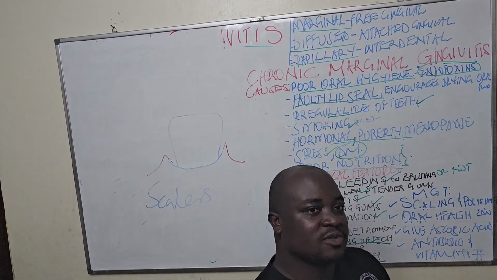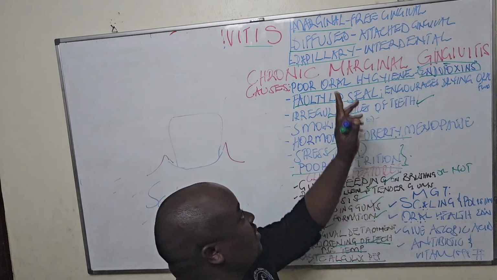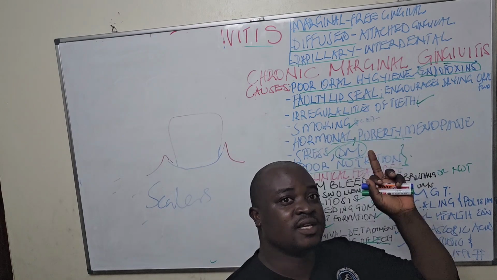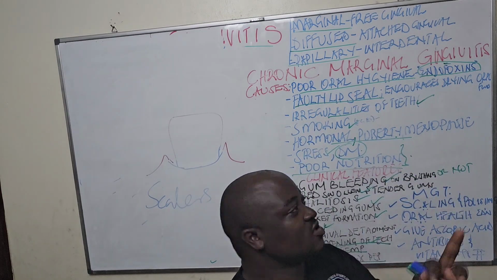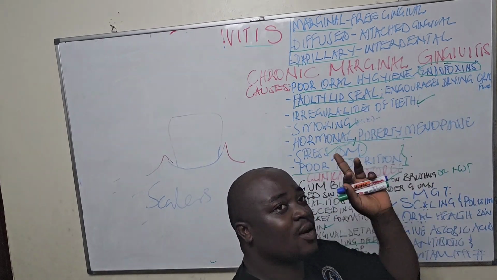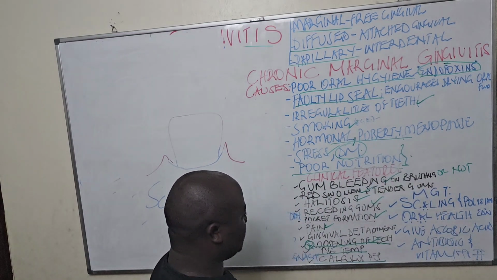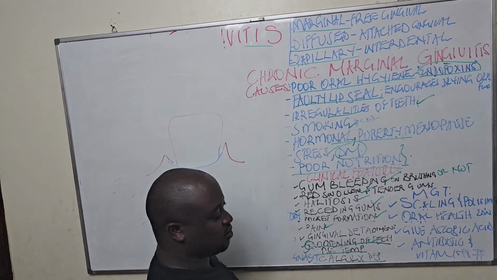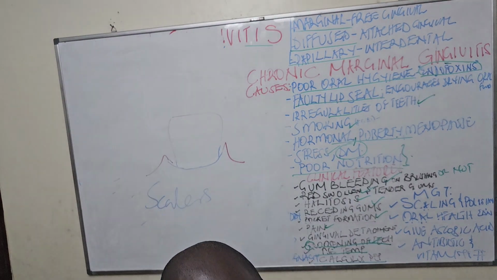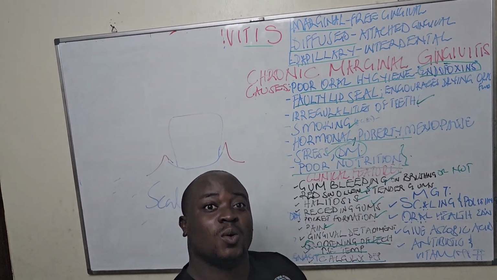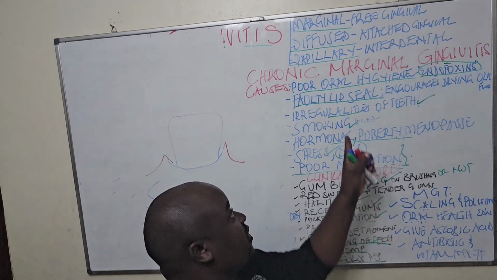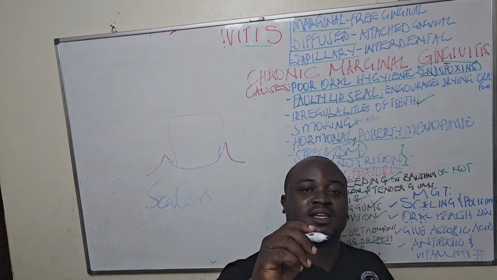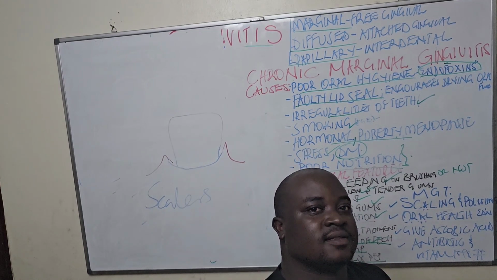In simple terms, this is how we manage chronic marginal gingivitis, and we said the moment this complicates or is not treated, we shall have majorly this loosening of the teeth. And our next video is the complication of chronic marginal gingivitis called chronic periodontitis.